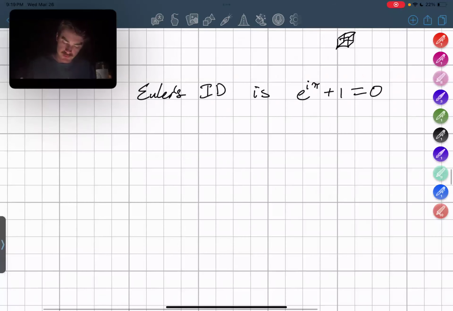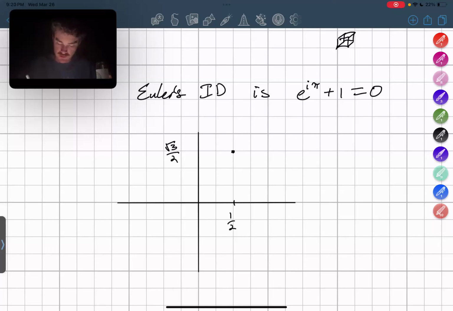Well, if we think back to our complex plane here, and remember, I had this point, it was about here, and it was root 3 over 2 and 1/2. And I chose these numbers very specifically because these are numbers that show up in the unit circle, so it becomes fairly easy to find out that this is pi over 3.